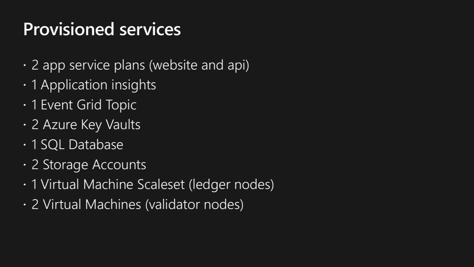So what do you get then? You get 2 app services. You get application insights, you get the event grid, key vaults, SQL database, storage accounts, a virtual machine scale set for the ledger nodes, and 2 virtual machines as validator nodes.